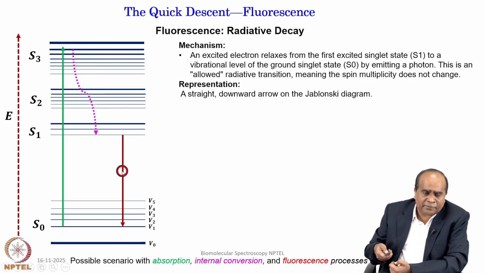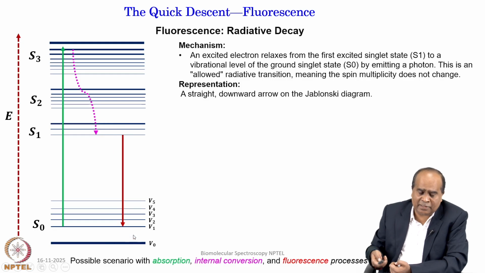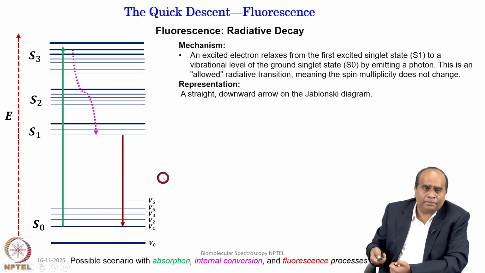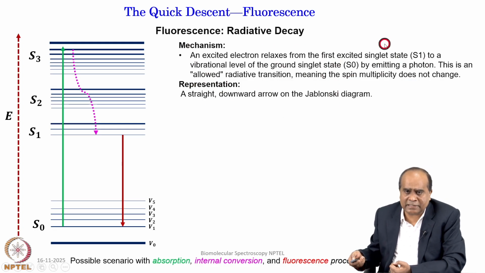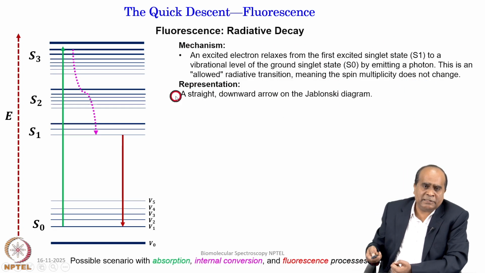From there, if they radiate energy and come back to the ground state or a different vibrational level of the ground state, that is called fluorescence. So, an excited electron relaxes from the first excited singlet state to a vibrational level of the ground singlet state by emitting a photon. This is allowed, and it is a radiative transition.